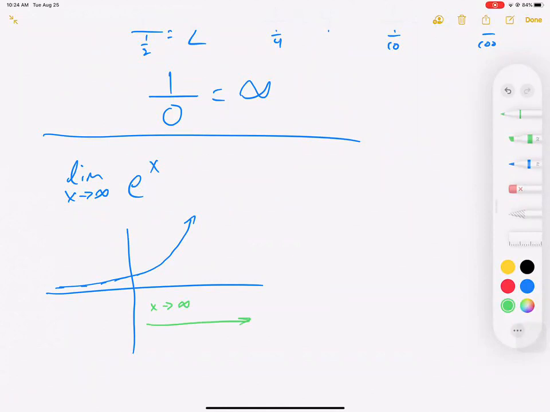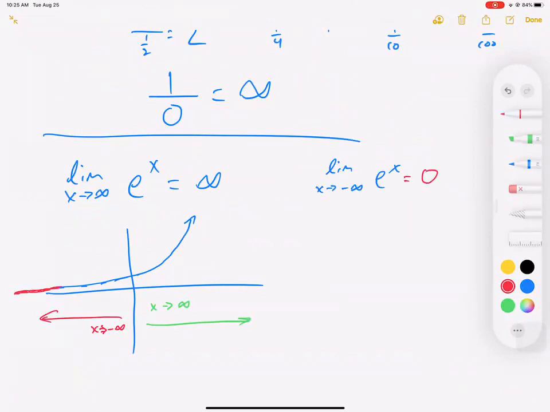The y value itself shoots up to infinity. But if I spin this around and ask you a different limit, as x approaches negative infinity of e to the x, looking at the graph that we have here, as x approaches negative infinity, the y value actually starts to shrink. It gets closer and closer to 0.